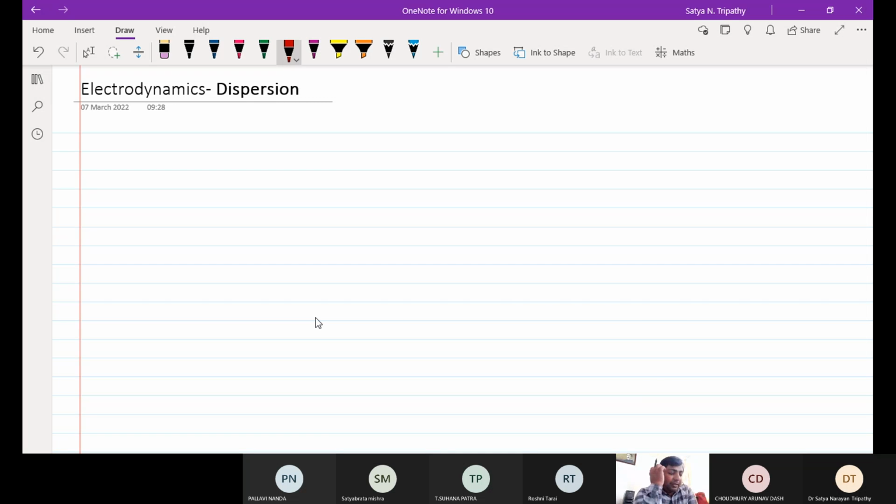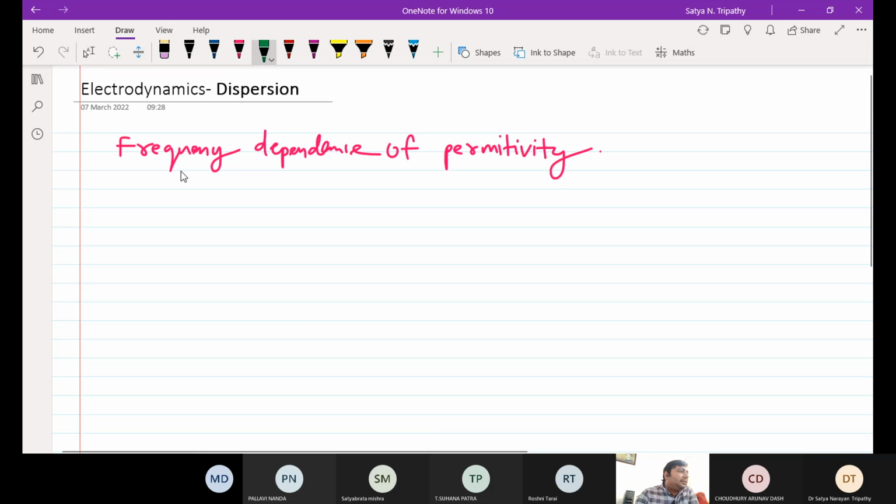Okay, so today, because we need the propagation of electromagnetic waves in an isotropic medium, we need to understand the phenomenon of displacements. It is basically mu, and it is measured in henry per meter.